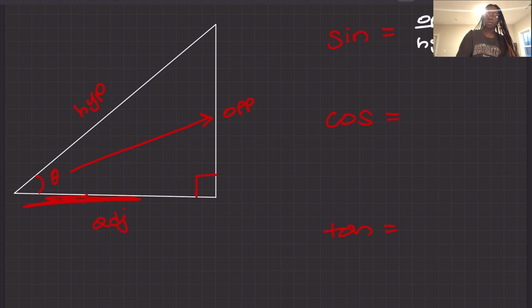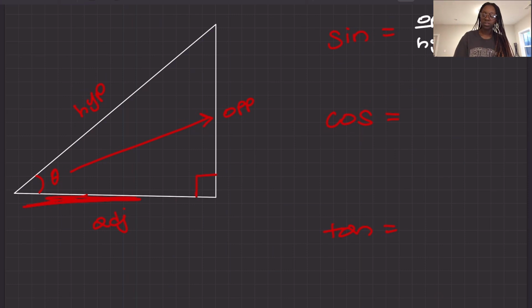So if you're saying the sine of this missing angle right here, it is equal to the measure of the opposite divided by the measure of the hypotenuse. Whatever number is at the opposite, let's say it's 5, and let's say the hypotenuse is 11, then the sine of that missing angle would be 5 over 11, since it's opposite over hypotenuse.